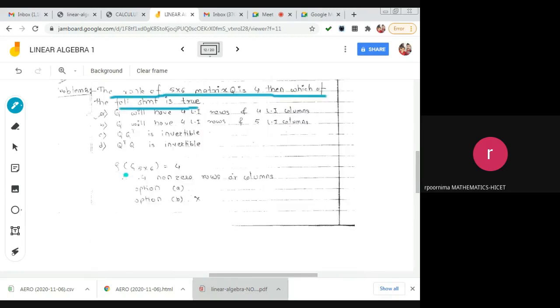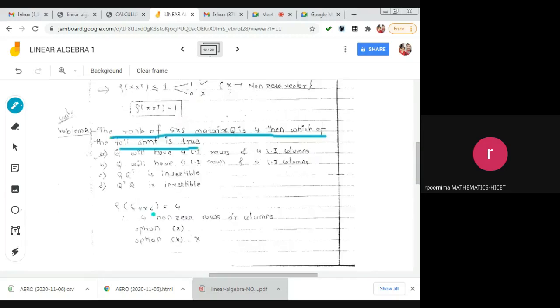Since the rank of Q is 4, there are 4 non-zero rows or columns. So the answer is option A, because of rank 4: 4 linearly independent rows and 4 linearly independent columns.